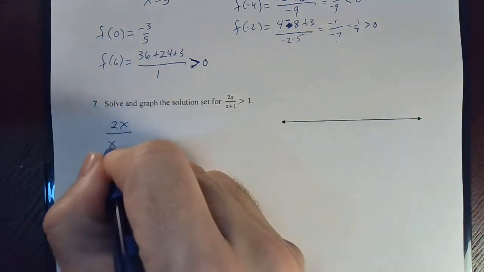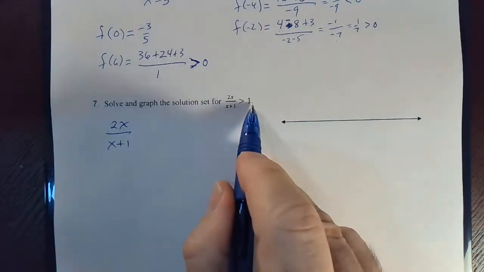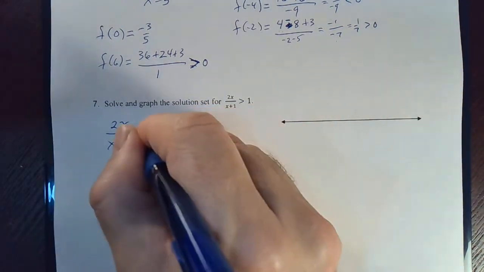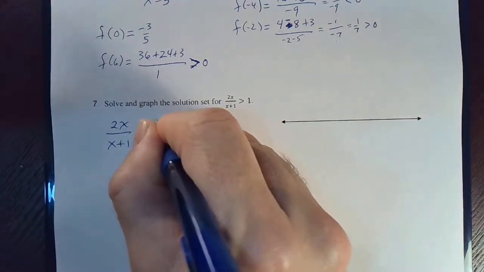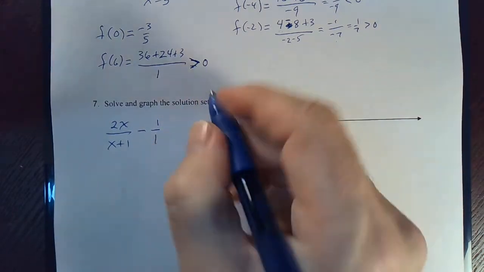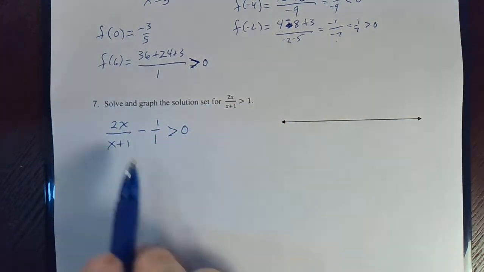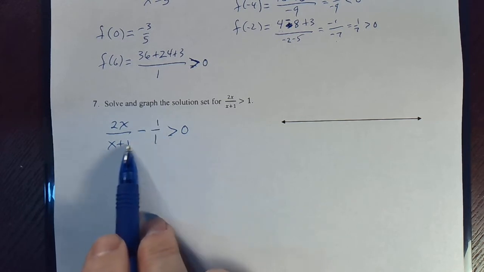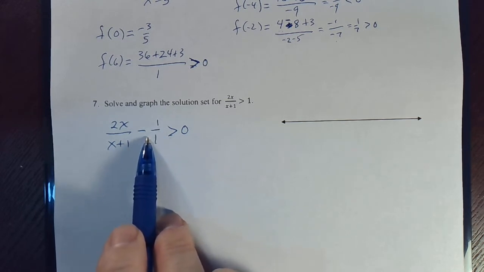2x over x plus 1. Let's subtract the 1 from both sides to get a 0 on this side. Minus 1, which I'll write like 1 over 1 for now, greater than 0. All we need to do is combine these into one fraction. Just get a common denominator, which means, what do we have to do?